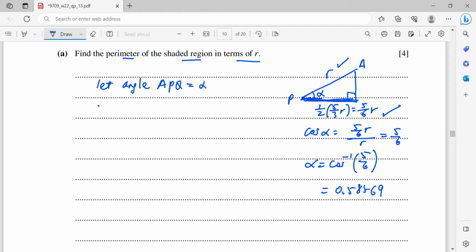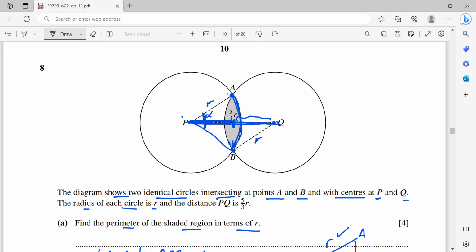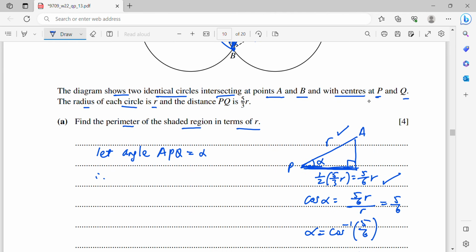So from here, now my theta, or I could say my angle APB. Just now we found APQ. So angle APB is 2 alpha.